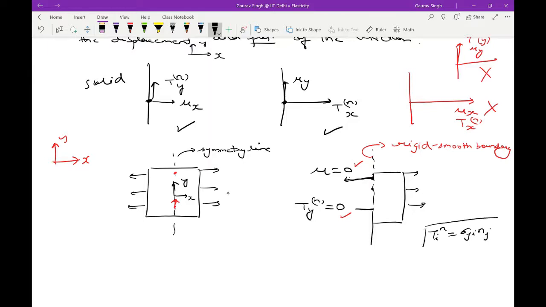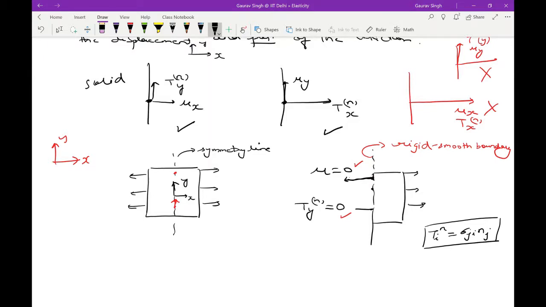If you don't remember, please go back and check the derivation of this. So the traction and the stress are related in this particular form, where n is obviously the outward normal of the boundary.